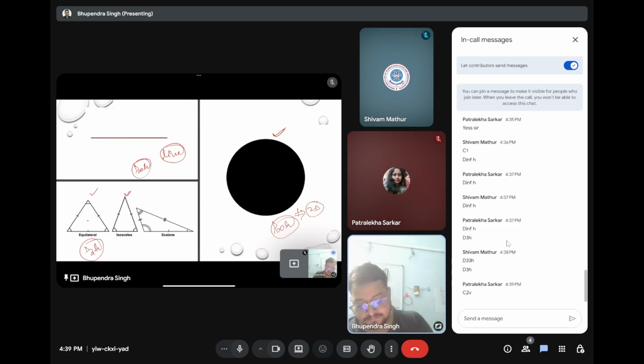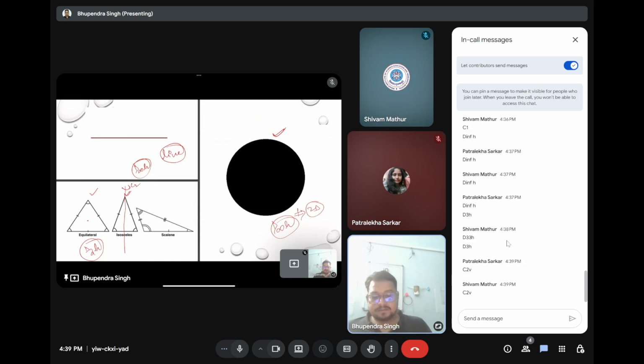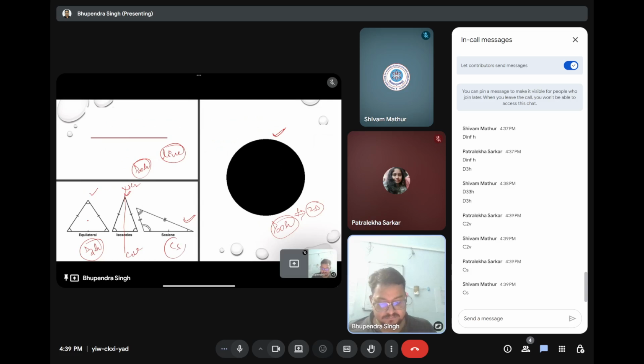Yes, it is C2V because this is your C2 axis and in the plane here this triangle is drawn. So it is not perpendicular to the principal axis of rotation. That is why C2V. Okay. Point group of this triangle. Yes, CS. Nice.